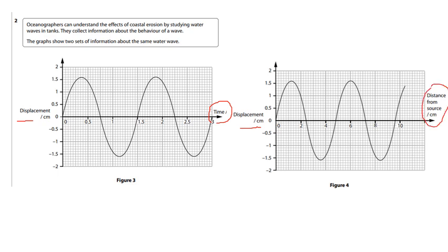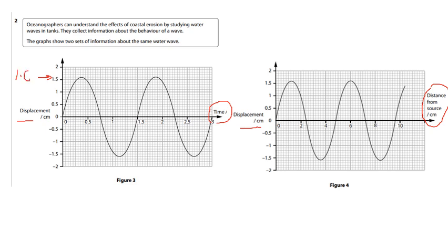I talk a lot about this on my videos. There are two graphs, displacement-time and displacement-distance. Now on both of them, the amplitude is the maximum displacement, and that's the same on both of them. Looking at the graph, the amplitude, now this is centimeters, so it's 1.6, isn't it?